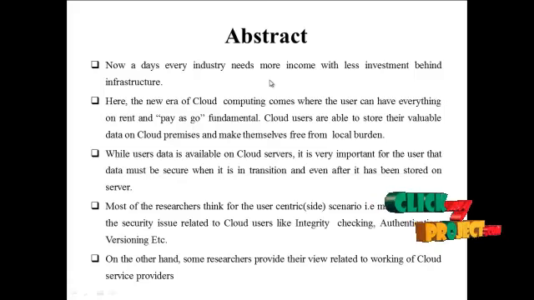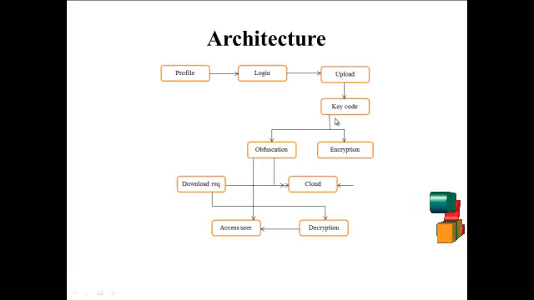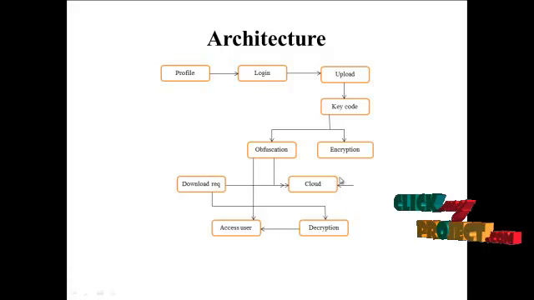Here they mainly consider security issues related to cloud users, like integrity checking, authentication, versioning, etc. These are some processes done on the cloud servers. On the other hand, some researchers provide their view on the working of cloud service providers. Okay, so this is our architecture.